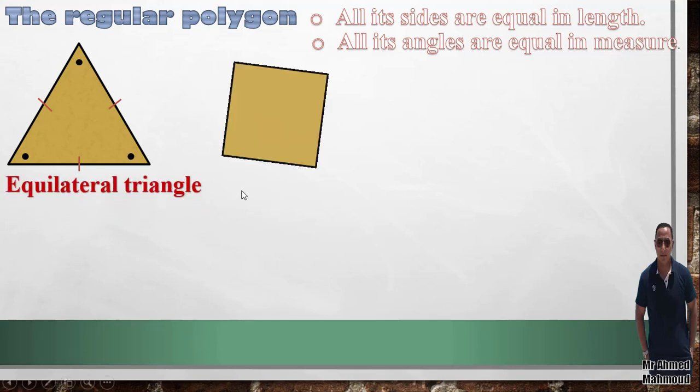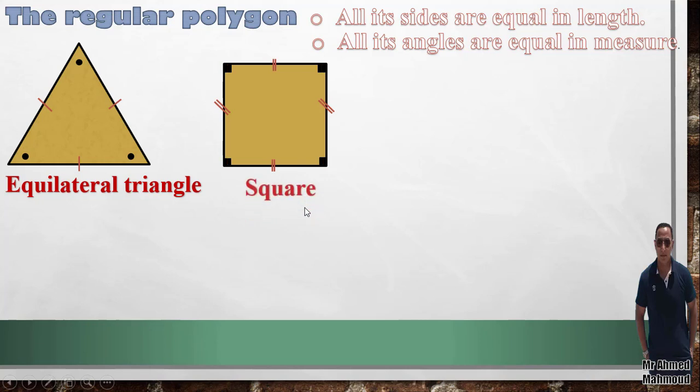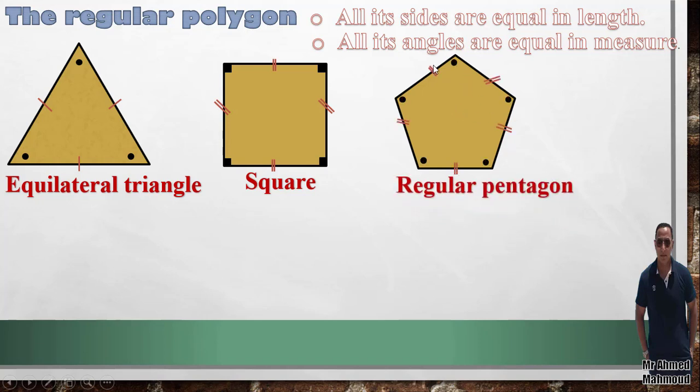Also, this quadrilateral includes 4 equal sides and 4 equal angles, and it is called a square. This pentagon includes 5 equal sides and 5 equal angles, and it is called a regular pentagon.